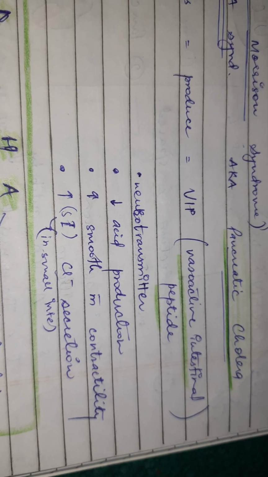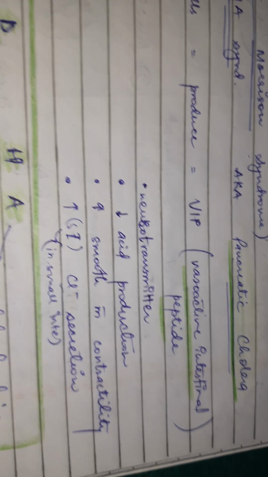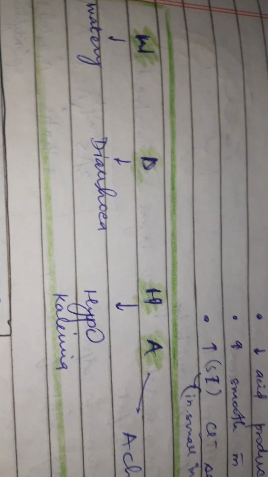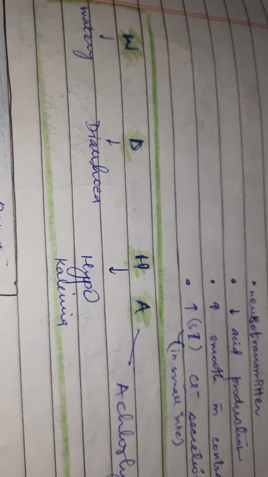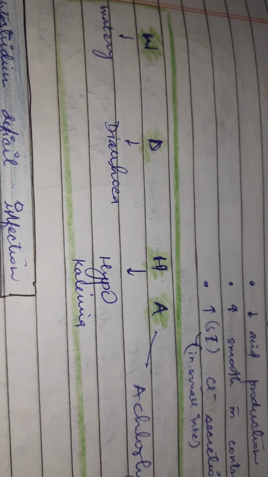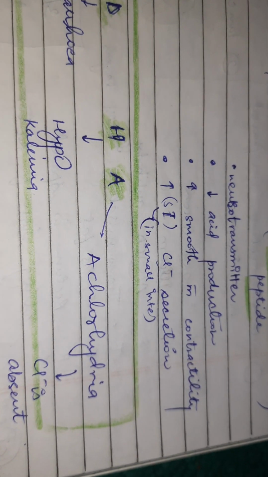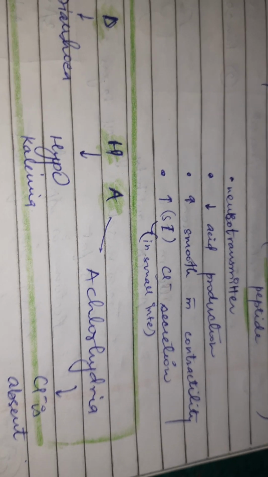WDHA: W for watery diarrhea, D for diarrhea, H for hypokalemia, and A for achlorhydria. Chloride is absent.